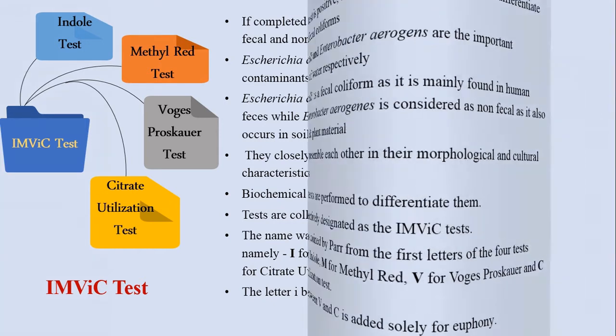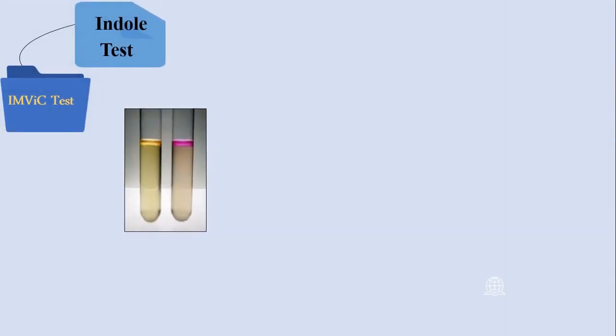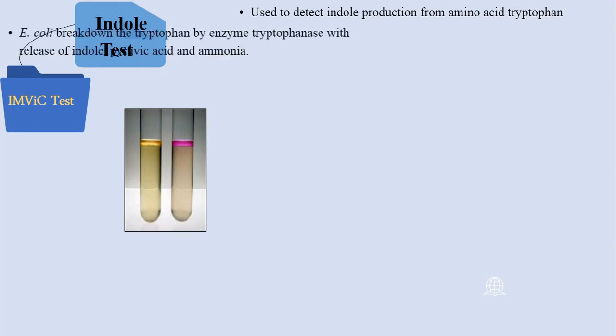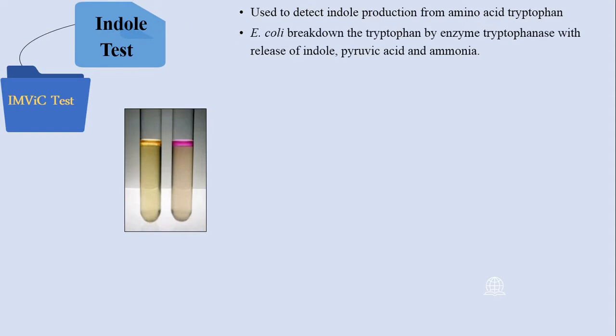The first test is the indole test. This test is used to detect the ability of organisms to produce an important compound, that is indole, from the amino acid tryptophan. The organism E. coli has the ability to break down tryptophan by the enzyme tryptophanase with the release of indole, pyruvic acid and ammonia.